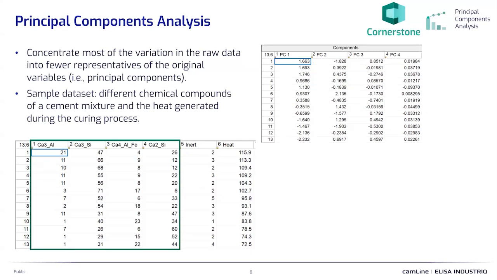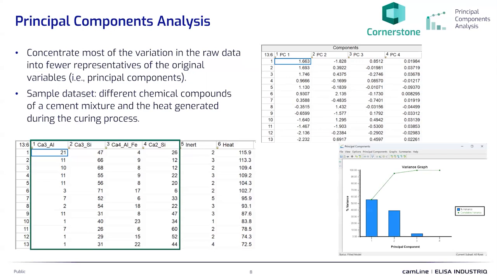In the table, it's very hard to see what those values represent. However, Cornerstone will also directly show you the variance explained by these principal components. Here we can see the first two PCs explain more than 90% of the variance.